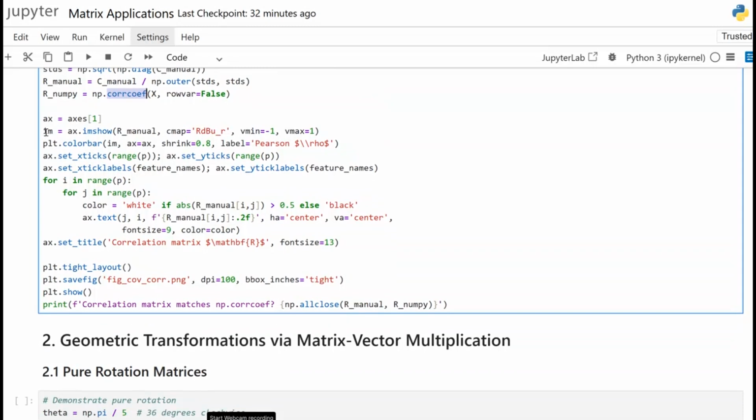Kindly see here vmin equal to -1, so perfect negative correlation, and vmax equal to 1, which is for perfect positive correlation. And of course we have included the correlation color bar also. Next we have included the labels exactly as I have already specified, and this is the exact loop. It highlights the moderate to strong correlations.